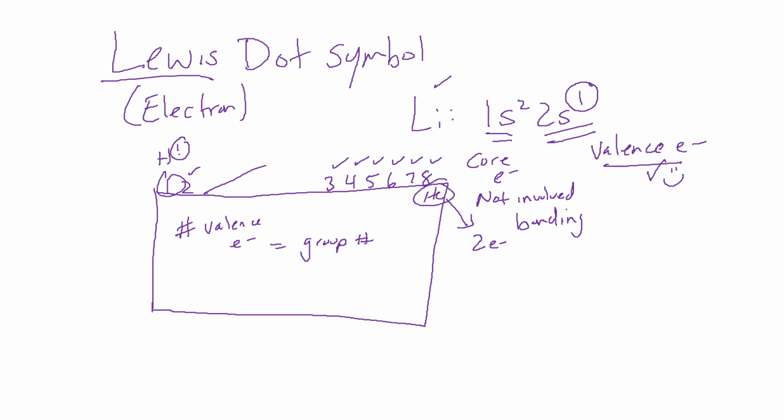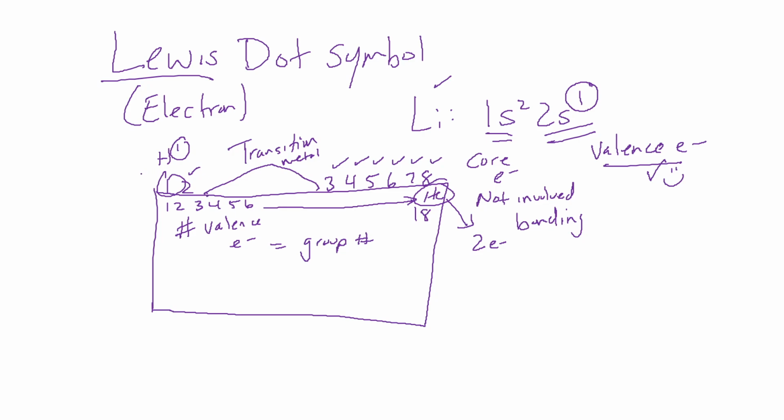Good news is in most cases our transition metals, which are here, are not really involved in bonding. You probably won't come across it. But by the way, the valence electrons also equal the group number for our transition metals, except you would probably want to use the secondary numbering, the 1, 2, 3, 4, 5, 6, all the way to 18 numbering.